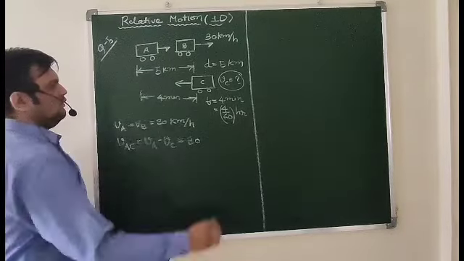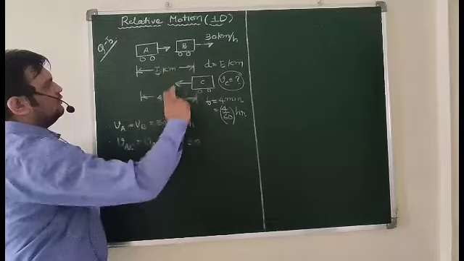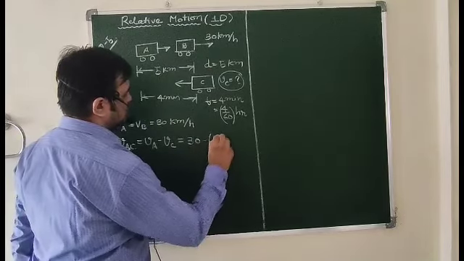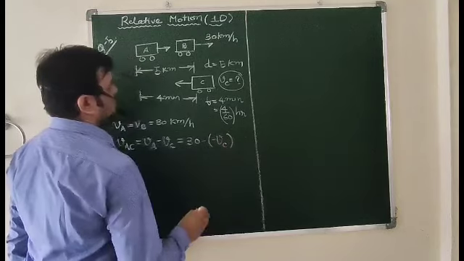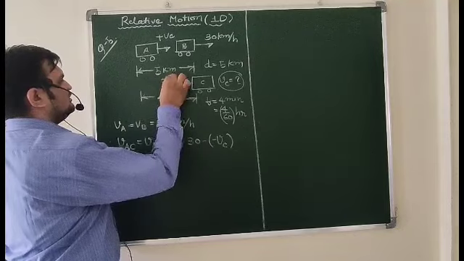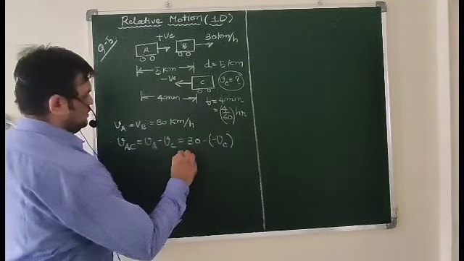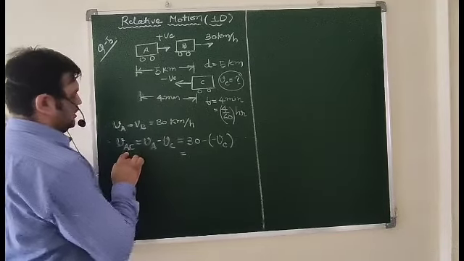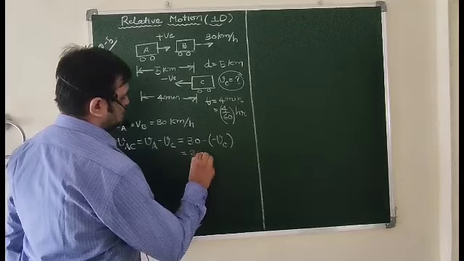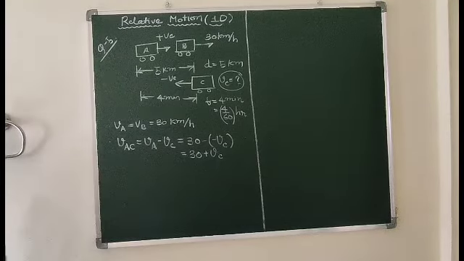The velocity of car C, that is VC, but the direction of A and C are opposite. So here minus VC, because this is in the positive x direction and this is in the negative x direction. So relative velocity of car A with respect to car C is 30 plus VC.